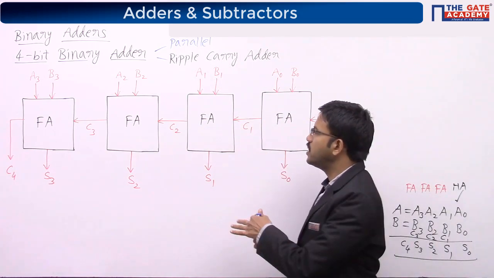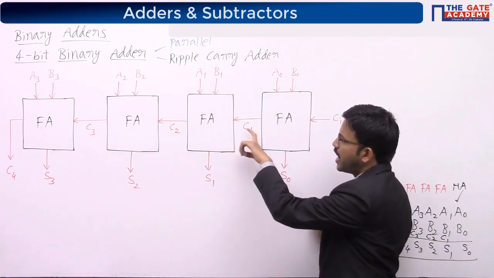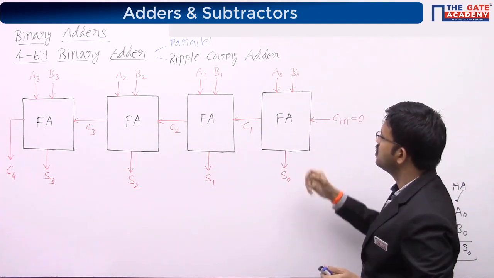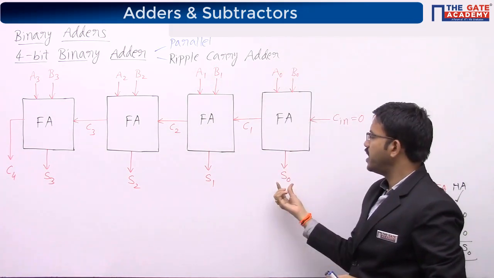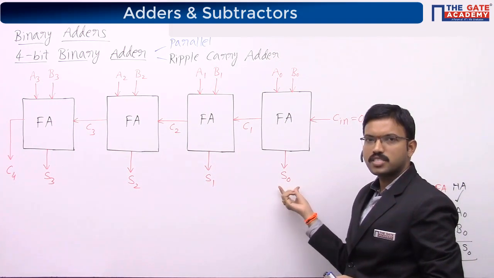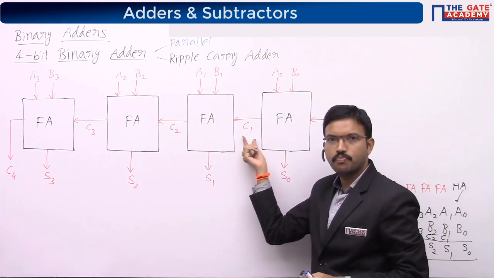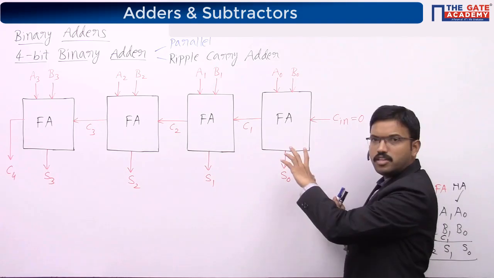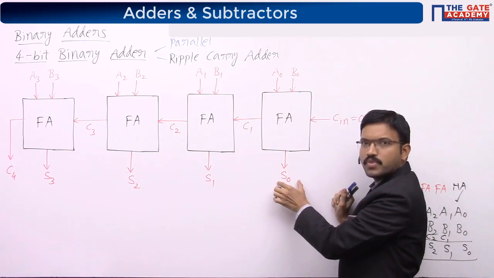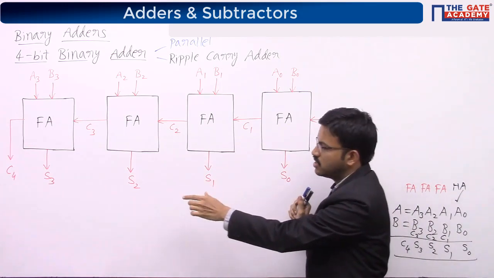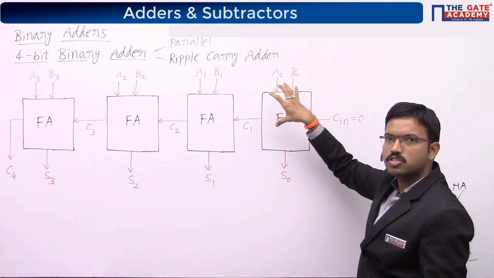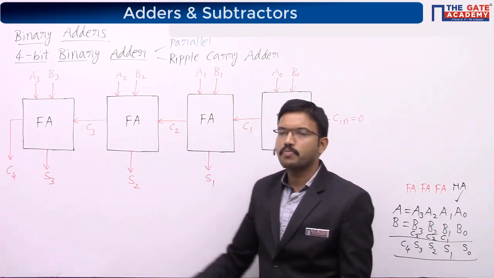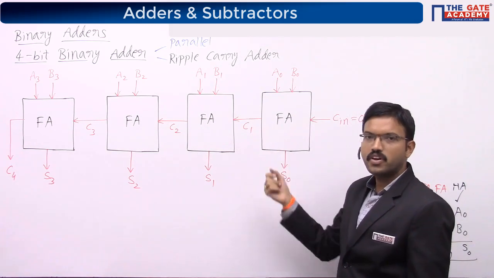If for all these full adders also the carry input is 0, then the moment you give the inputs A and B, you will get some output after some time, and similarly the carry output also, right? Whatever time it takes to produce this sum bit, it is the same for S1, S2 and S3, because the circuit is the same, with two exclusive OR gates in the same path. Similarly for carry also.